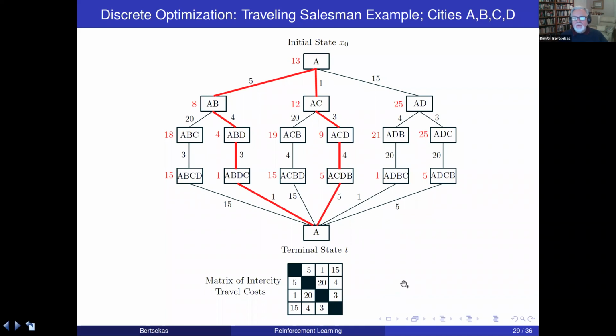And we have to formulate in terms of states and controls. We will choose an arbitrary city, and we will call it the initial state. And then the other states are going to be partial tours. So let's say this ACB means it's the state that corresponds to going from A to C and then to B, okay?